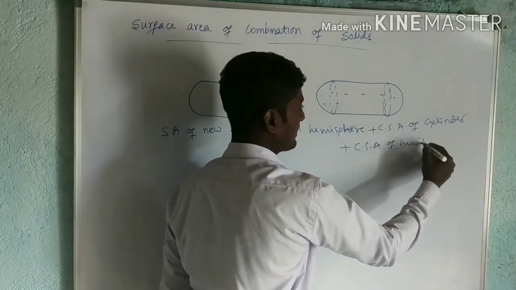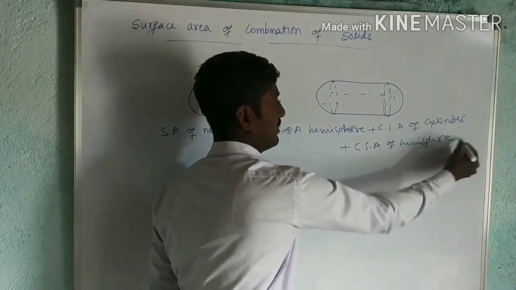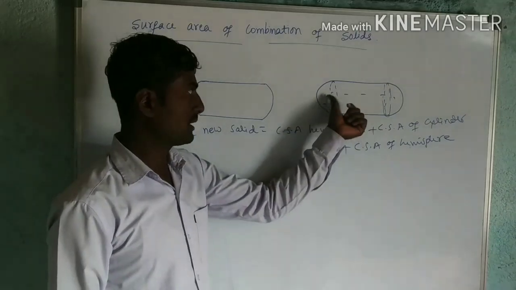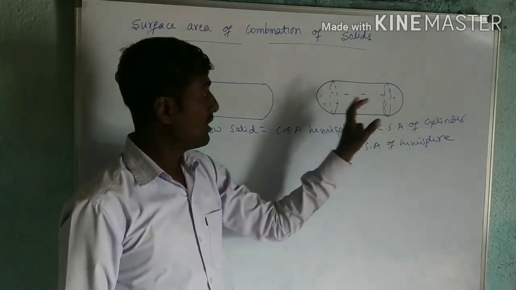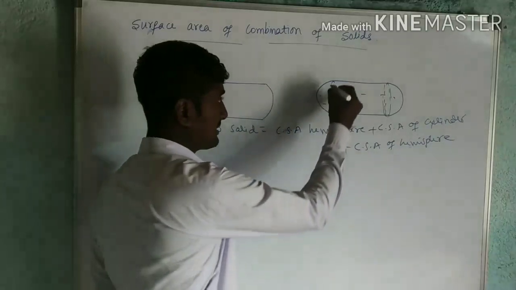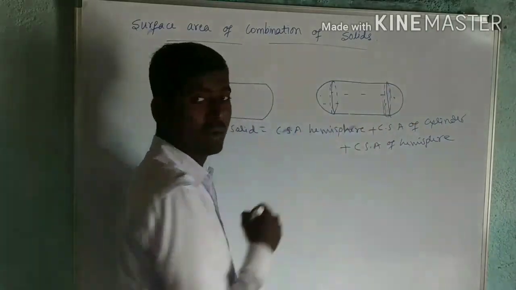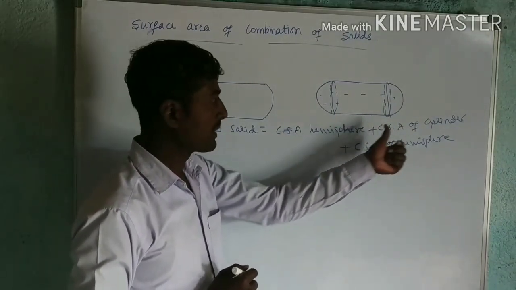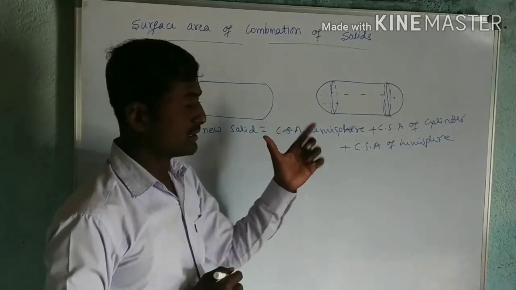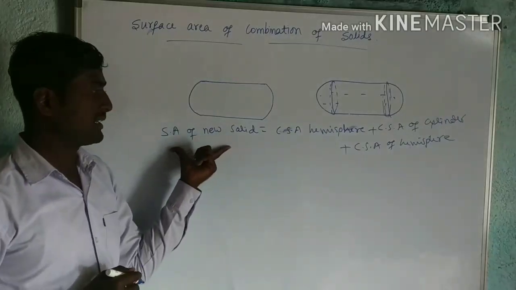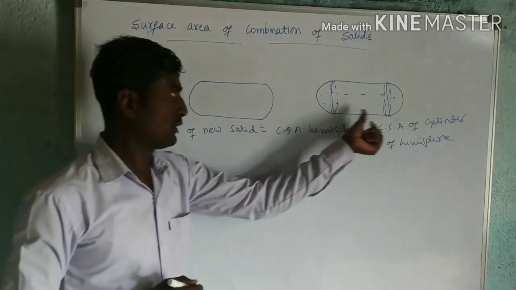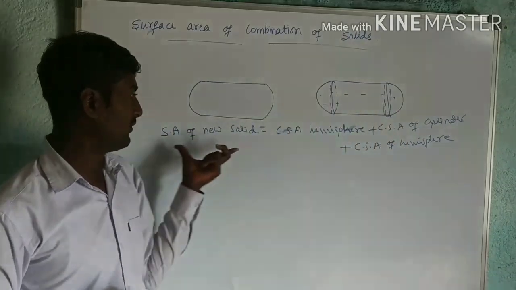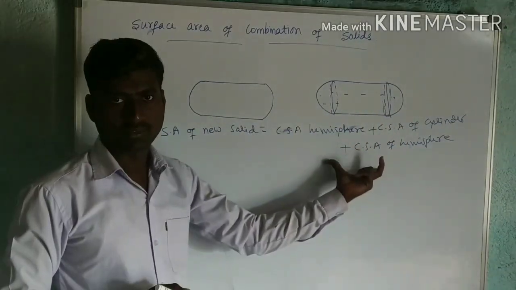Otherwise, directly I can write 2 into CSA of hemisphere, because these are two hemispheres of equal radii, so this diameter and this diameter are both equal. So it is 2 into CSA of hemisphere plus CSA of cylinder. This is the surface area of the new solid, a combination of three solids.